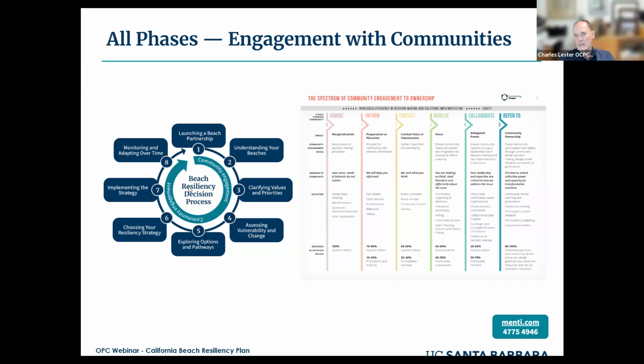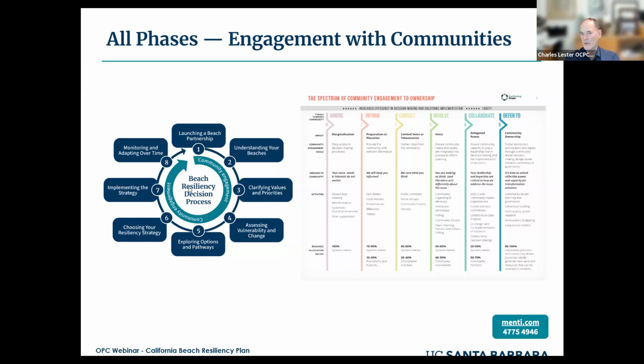On the right-hand side is a chart from this document, Facilitating Power, which is something we've been thinking about also in our engagement discussions, which is the nature of the engagement that you're doing. So not just that it's a conversation, but that you're moving from less engaging ways of working with people to more engaging.